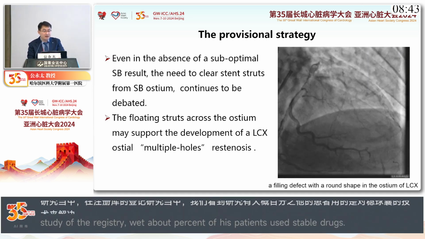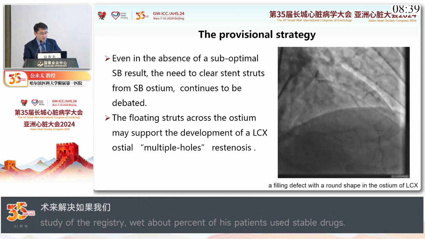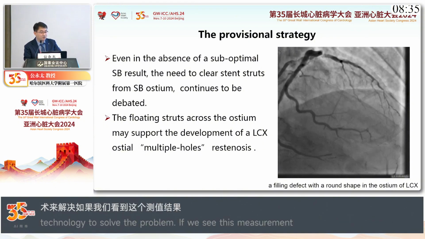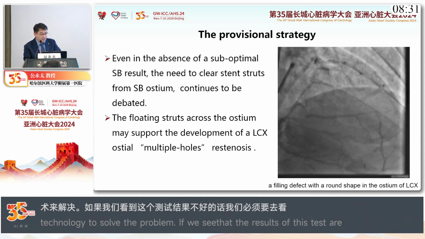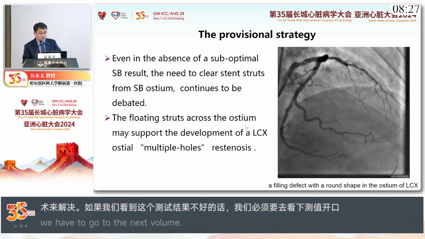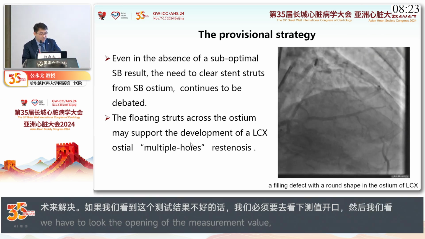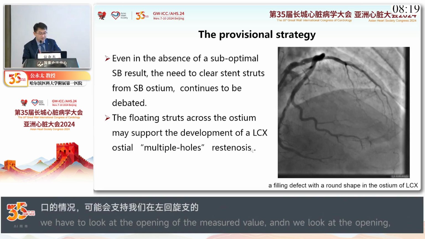In the absence of a suboptimal side branch result, the need to clear stent struts from the side branch ostium continues to be debated. The floating struts across the ostium may support the development of ostial restenosis.